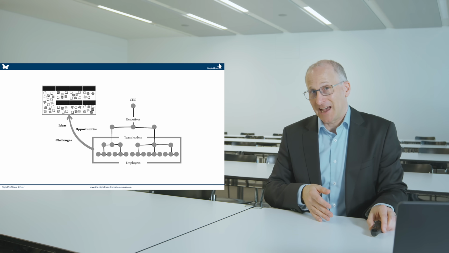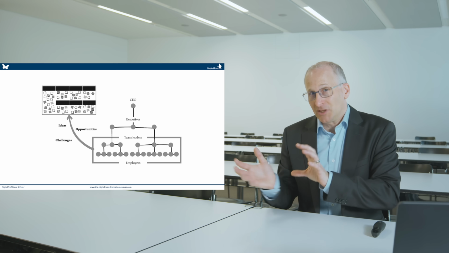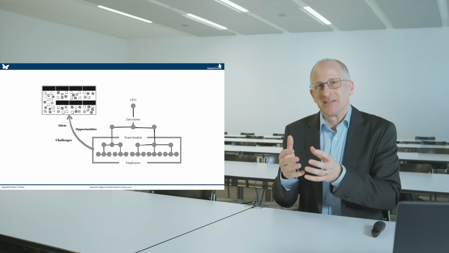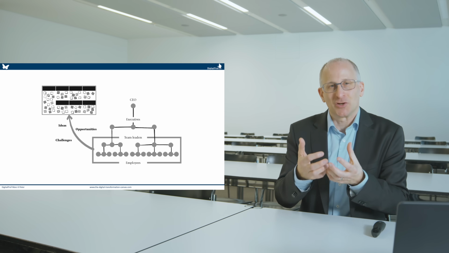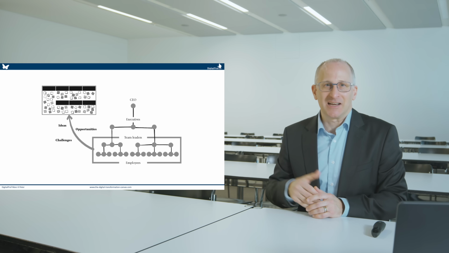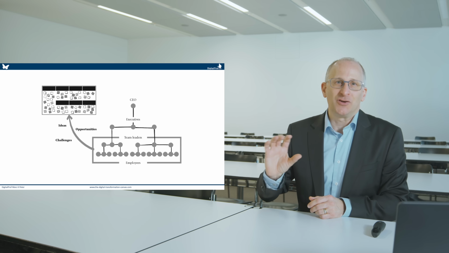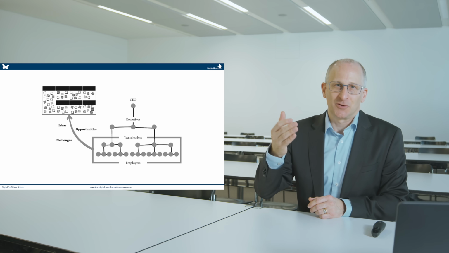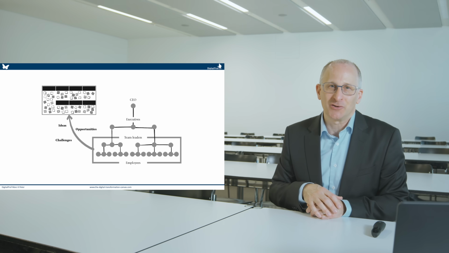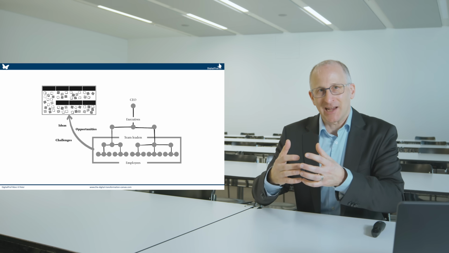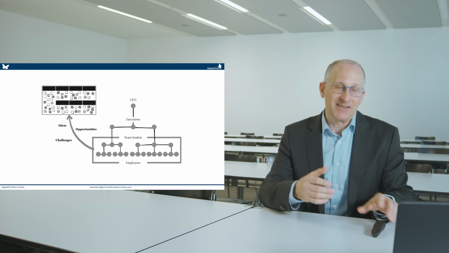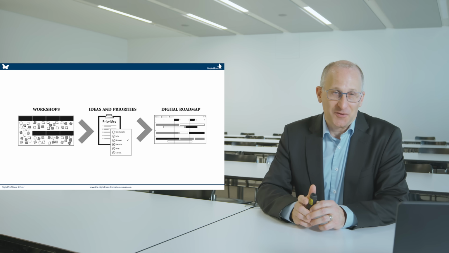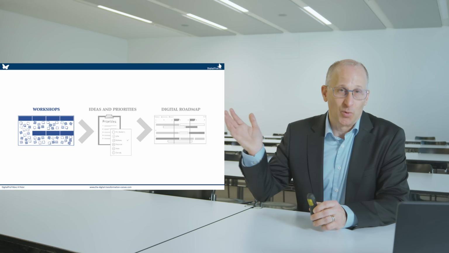The idea of the canvas is to utilize the combined experience and knowledge of your employees, basically by asking them where you could improve, where customers could benefit from new digital technology, and which projects would help you to succeed in the digital age. It is a 3-step process, and we start with the workshops.